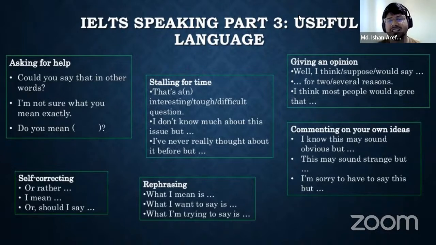So, rephrasing: "What I meant is..." You can rephrase your sentence. For example, you have told the examiner, "In my opinion, I think younger people are more compassionate towards poor people." This is your opinion for any question.